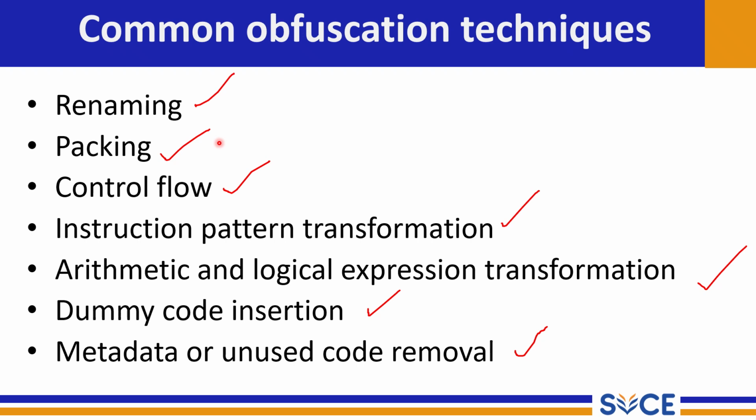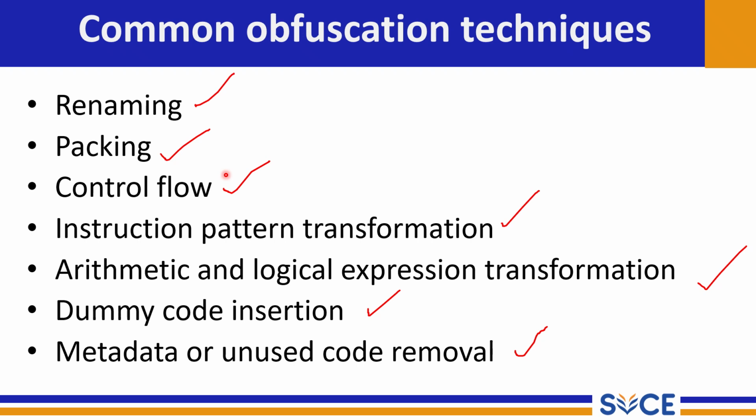This approach takes some common instructions created by the compiler and swaps them for more complex or less common instructions that effectively perform the same operations while hardening the code. So this is all about instruction pattern transformation.